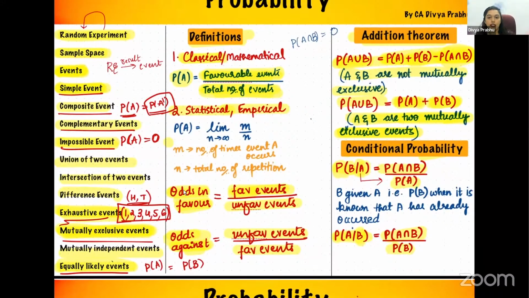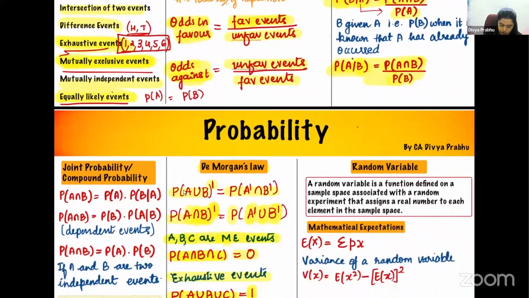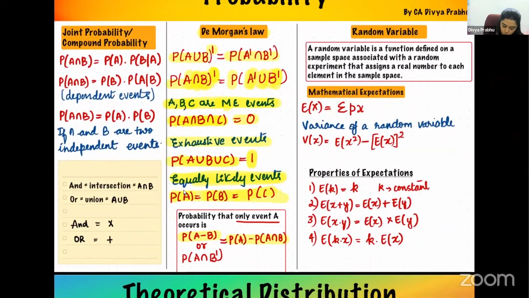So this is how conditional probability works. But remember, the concept applies only when the two events are dependent events. If the events are independent events, there will not be any conditional probability at all. This is very important for you to understand. Now, we'll solve one question on conditional probability and then wind up the class.